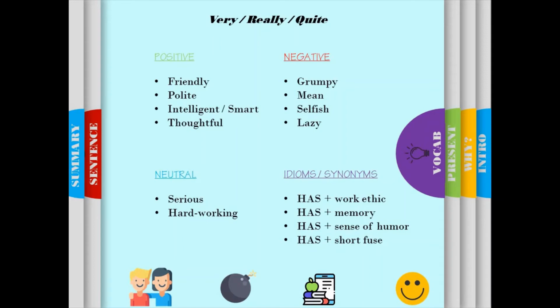Short fuse means you can become angry very quickly, like a bomb. Okay, so the other idioms and synonyms, as I said, you can check the meaning if you need to. So this is our vocabulary for today. Let's move on to the sentence slide and put them all together to make some sentences.